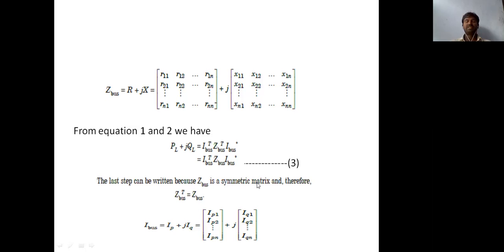Symmetric matrix means Z bus transpose equals Z bus: the transpose of the matrix gives back the same Z bus matrix.